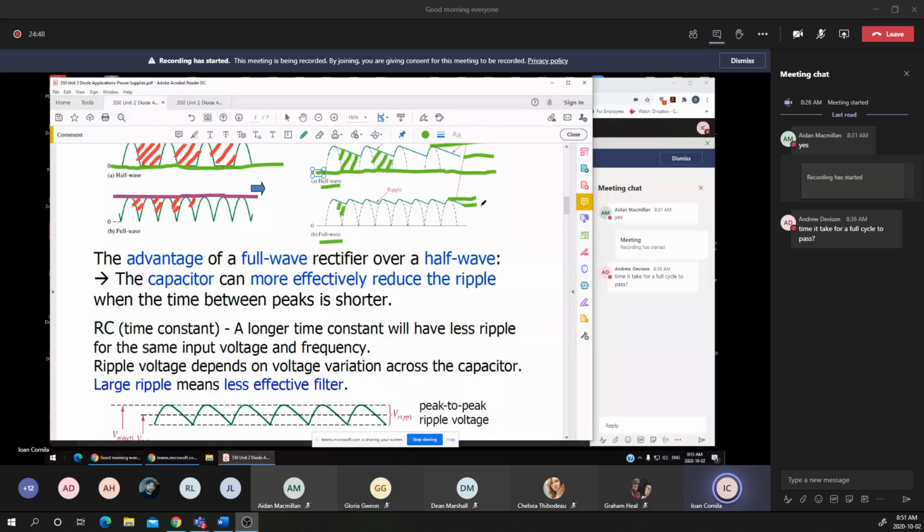Just to give you an idea about usual, practical, general purpose ripple voltage.